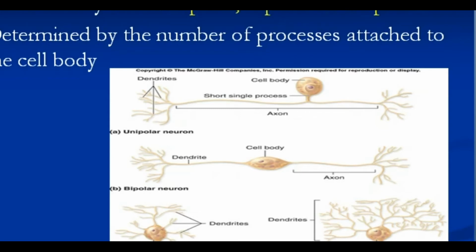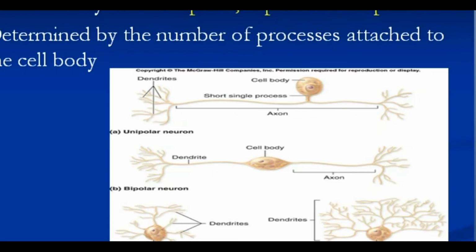So really it's bipolar, but looks like unipolar, so we call it pseudo-unipolar. Location of the pseudo-unipolar neurons: sensory ganglia, except vestibular and cochlear.